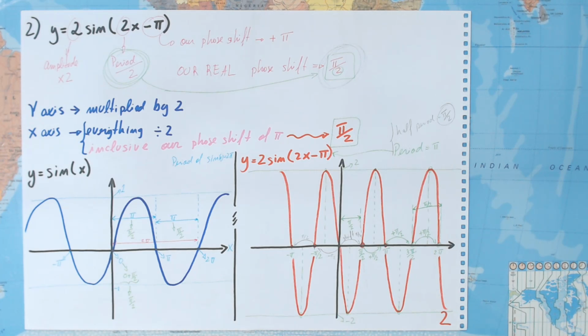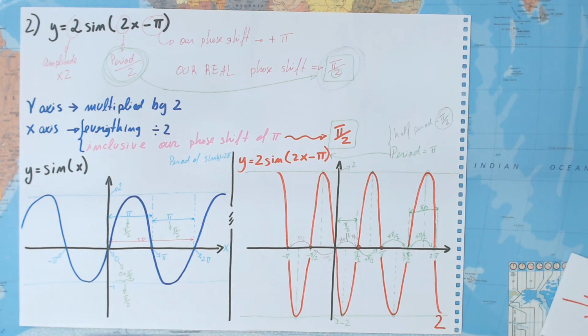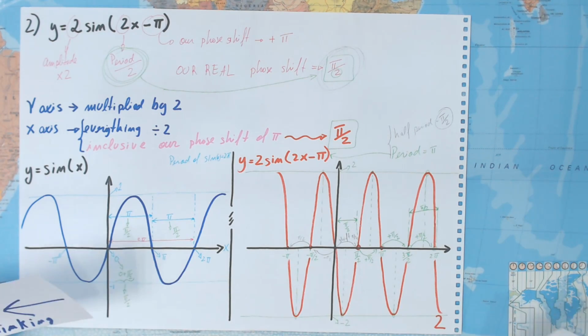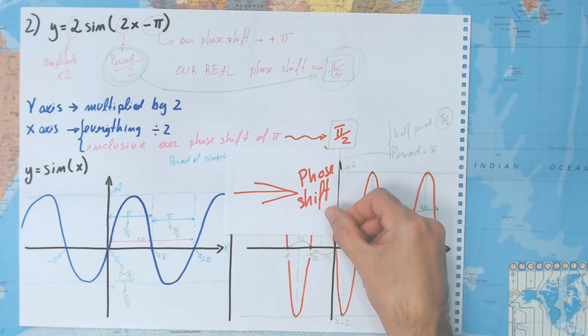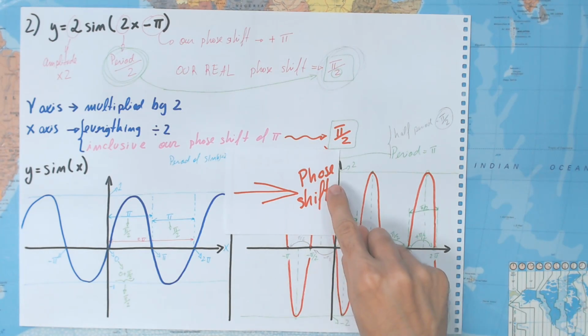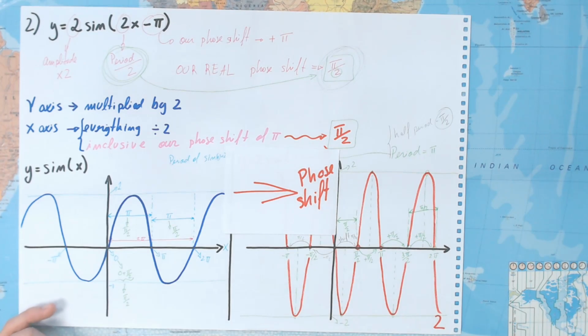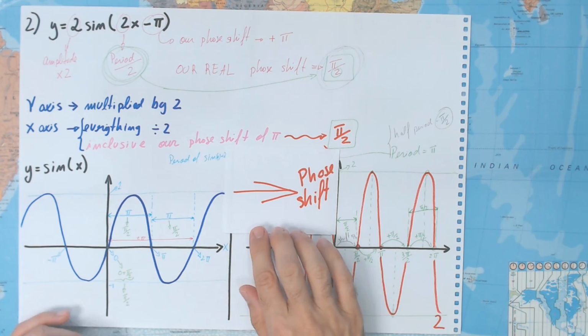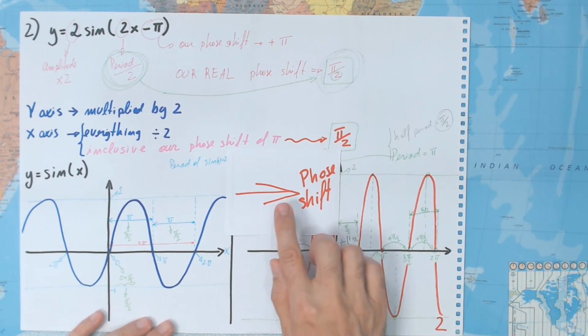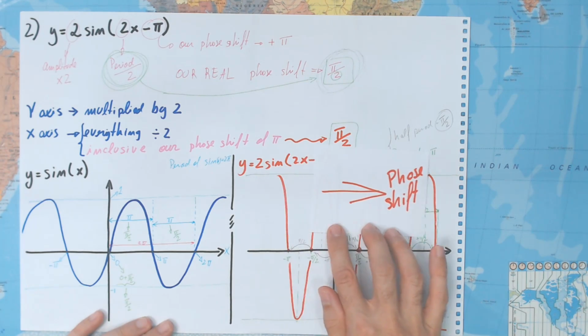Let's take this point, for instance. It is under the influence of two forces. It wants to go to the right due to the phase shift, because it's negative. So that point is under this force, trying to go to the right.